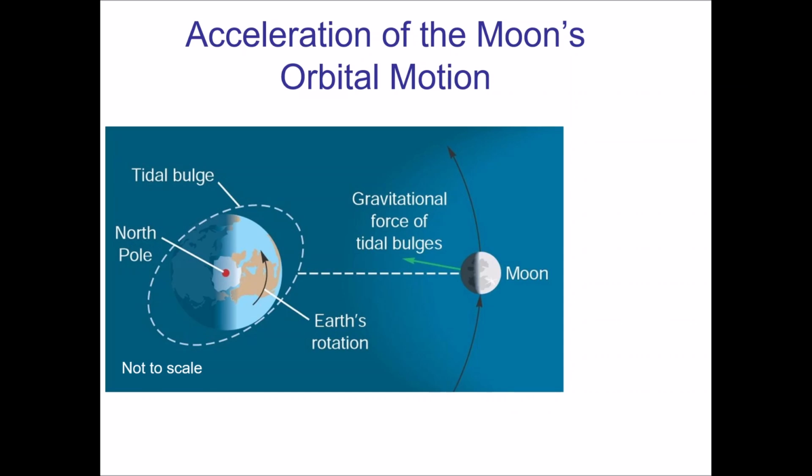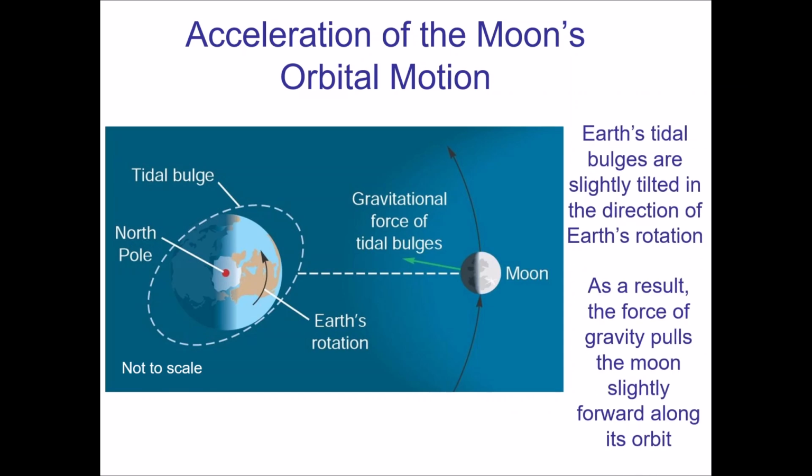The green arrow that you see there is meant to indicate the actual direction of gravity, since the bulge that sticks out is closer to the moon and is more gravitationally attracted to that area of the Earth. Now we can break up that gravity direction into two other directions.